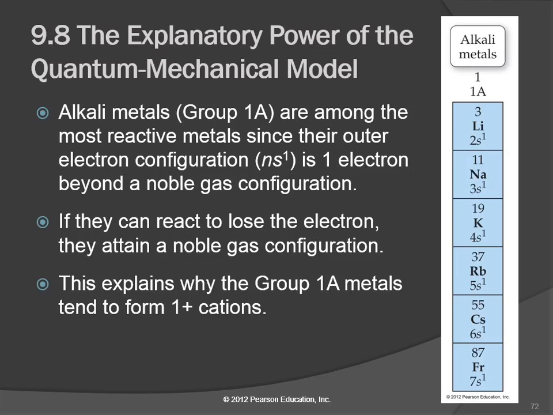And that's why sodium so easily loses 1 electron, because it becomes more stable when it does that. And that's why sodium is so reactive. That's why lithium is reactive. All of these guys are very reactive because by losing 1 electron, they get a noble gas electron configuration. They all form +1 ions for the same reason.